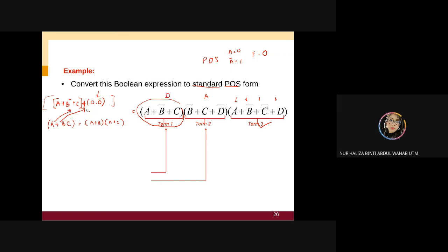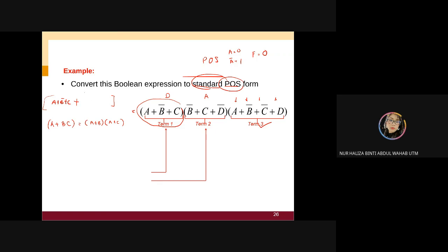So again, I have term 1. My term 1 is A plus B bar plus C. And I need to do a standardization for POS, which is I need to add with my D dot D bar.